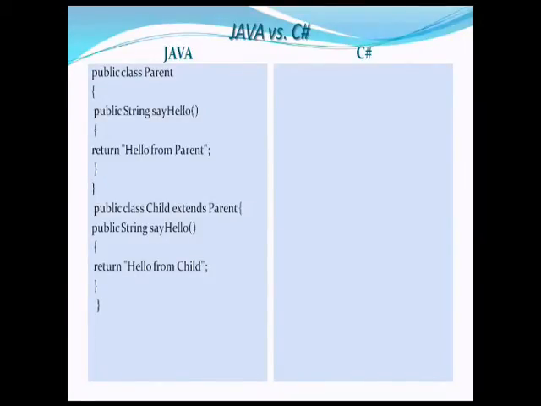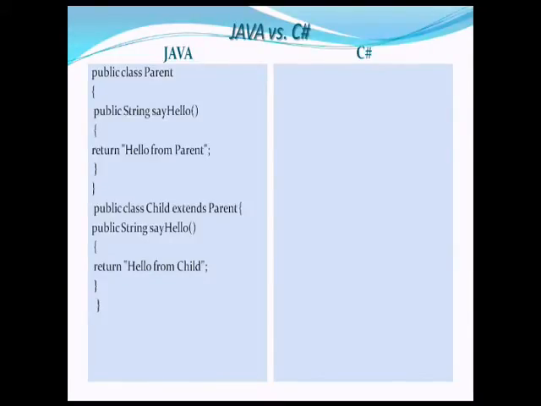So you can treat an instance of child as an instance of parent, but the method called will be the one from child. In C#, things are a bit different. C# needs to be told which method can be overridden, declared as virtual, and which method overrides, declared as override.